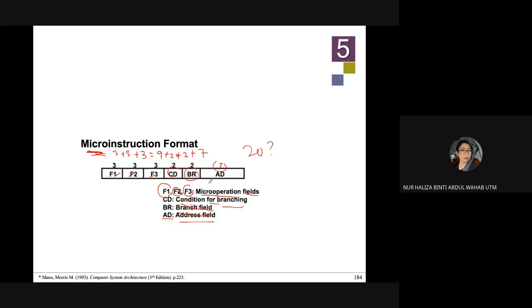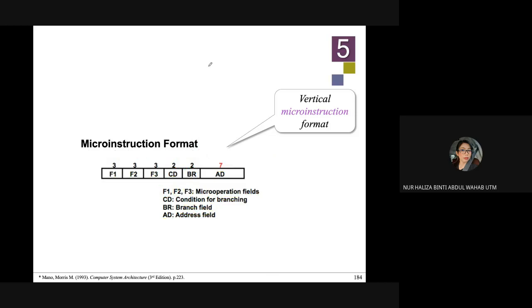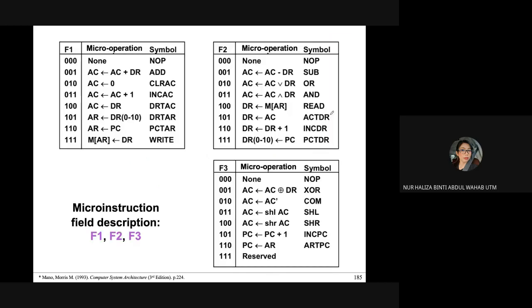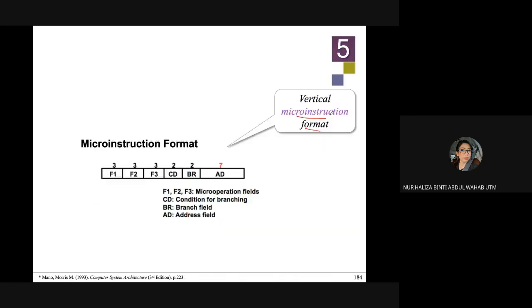How are you going to see what elements are inside? So what is the element inside each box header? Virtual micro instruction format. Okay, so now you can see there are specifics on the F1, F2, F3.